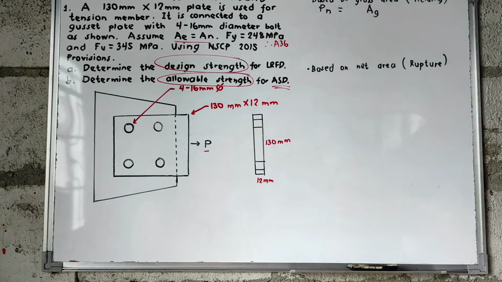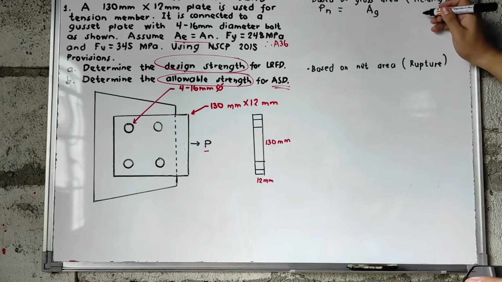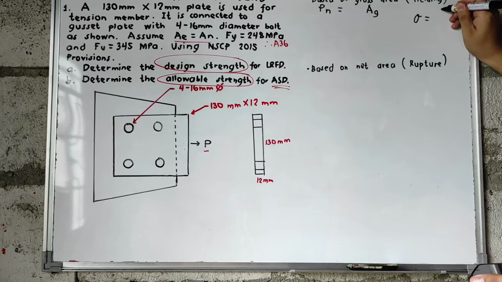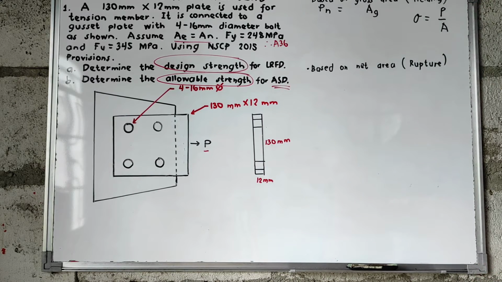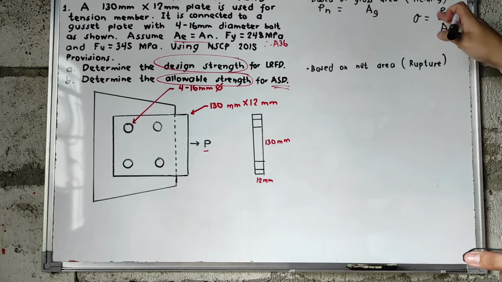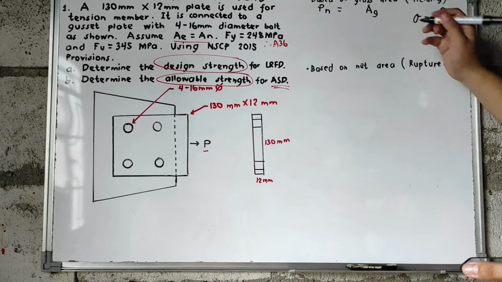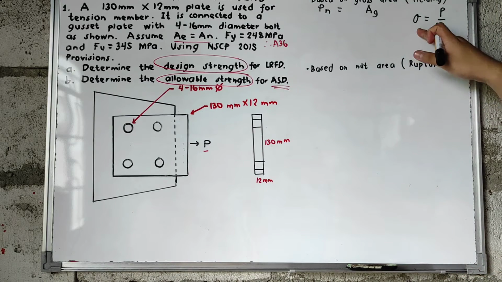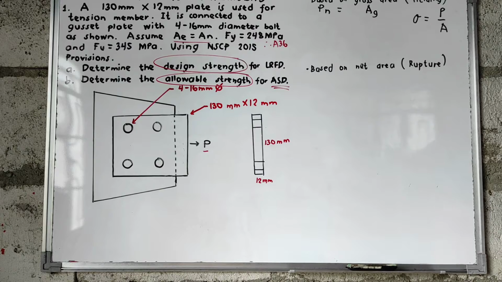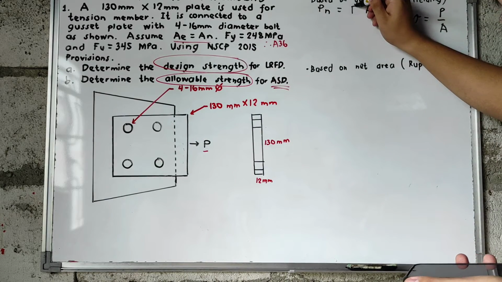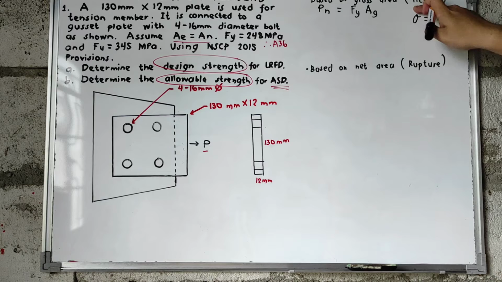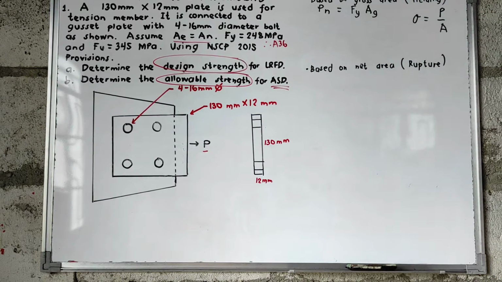Stress is always force over area, meaning to get the force, you need to multiply the stress by the area. So under yielding, we are considering the gross area, and the stress we use is Fy. That is why it is called yielding, so we use the value of Fy.